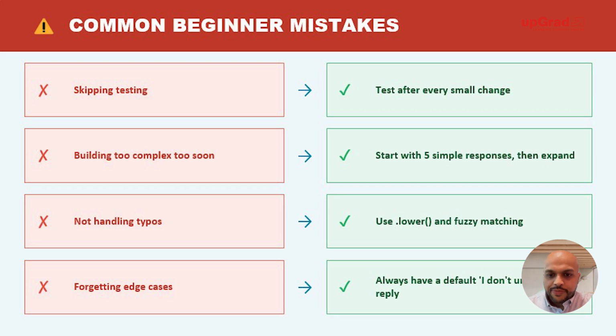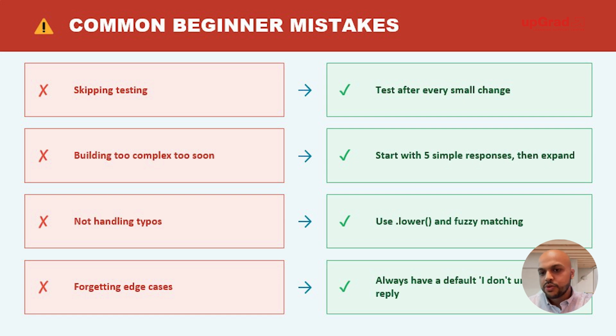Common mistakes to avoid. I made all these mistakes when I was learning. Let me save you some frustration. Skipping testing: always test after every small change. If you wait until the end, debugging becomes a nightmare. Building too complex too soon: start with just 5 responses, get those working perfectly, then add more.